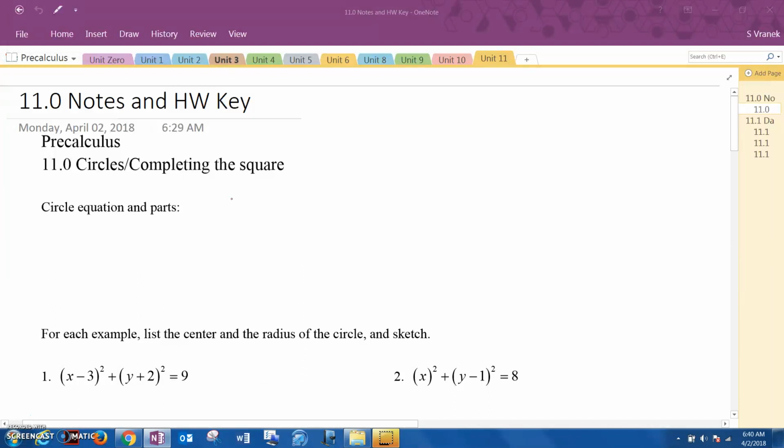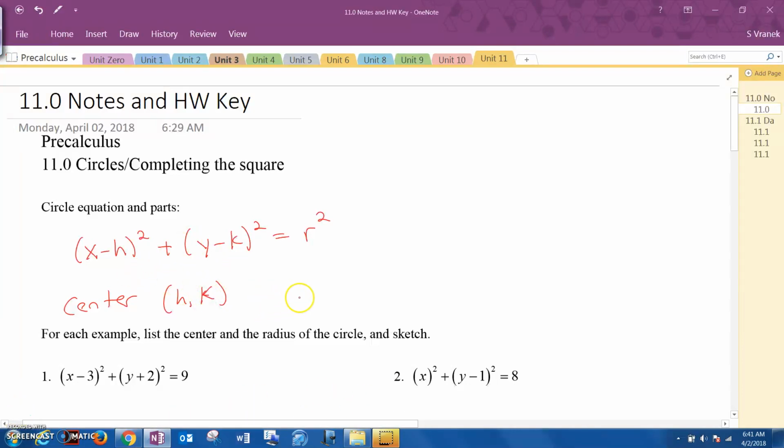So the first thing I'm going to show you is the general equation of a circle. Generally a circle equation will be in the form of (x minus h) squared plus (y minus k) squared equals r squared, where the center of the circle is at (h, k), so they're the opposite signs of what you would see.